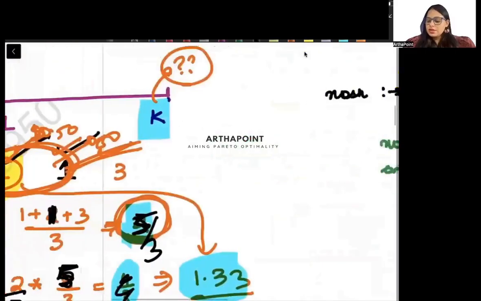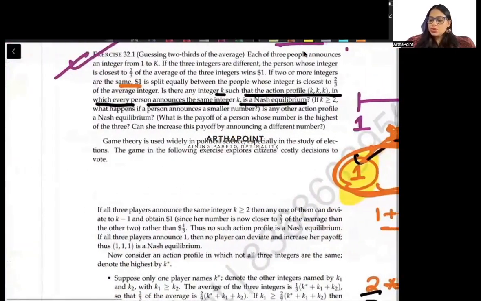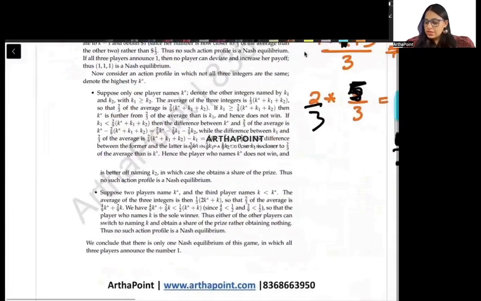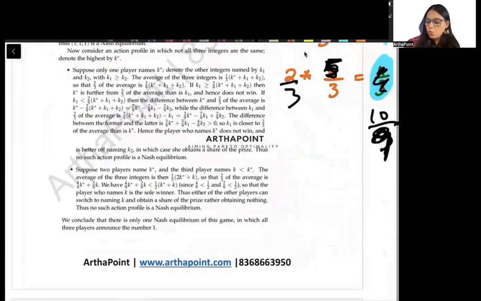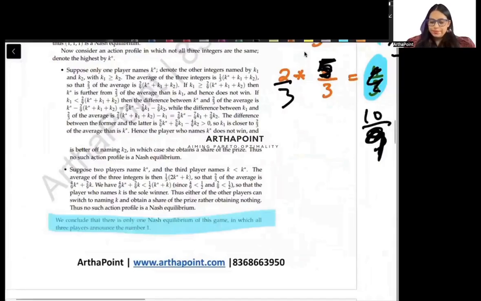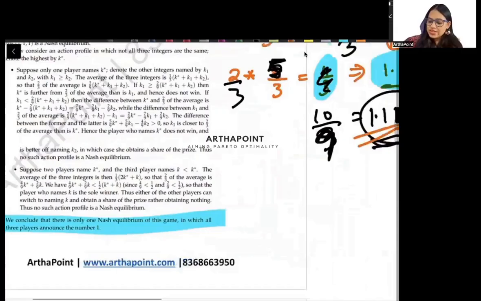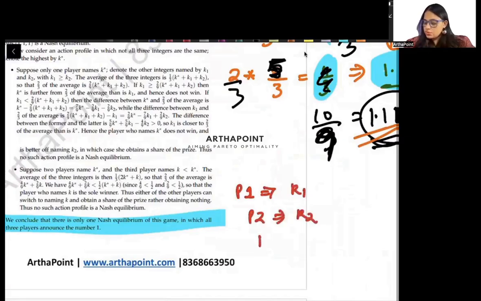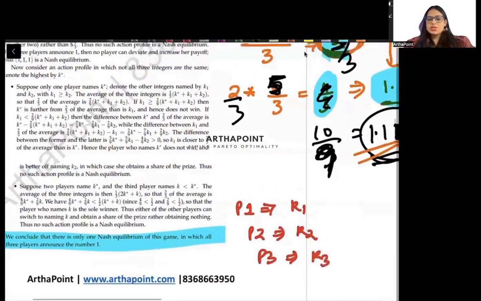Another thing. Now suppose you need to announce some integer between 1 to k. Then also my claim is that there is only one action profile in which all the 3 players will announce the number 1. So let's say that player 1 announces k1, player 2 announces k2 and player 3 announces k3.